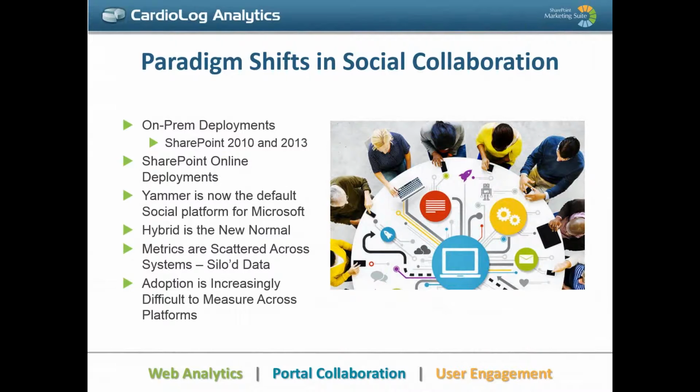But it will take some time before those two platforms are truly integrated, and we have access to metrics across both platforms in one environment. So the whole concept here is that hybrid is the new normal. Everyone is talking about hybrid. When you look at all of the education that Microsoft is putting out with respect to SharePoint and your IT certifications, hybrid is the way to go.